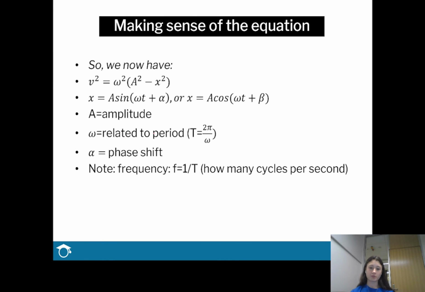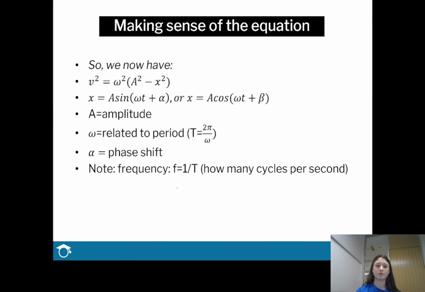The other thing that you need to remember, which is also on the formula sheet, is that the period is equal to 2 pi on the angular velocity, and the frequency is inversely proportional to the period. That's because if the period is longer, if it takes longer for something to occur, then it's going to happen fewer times in a given amount of time.